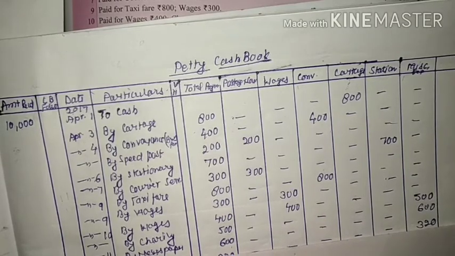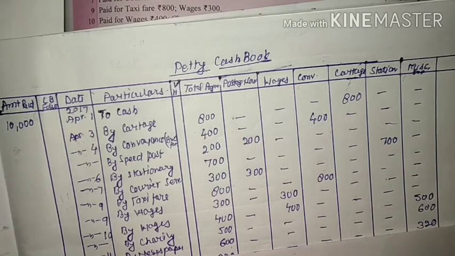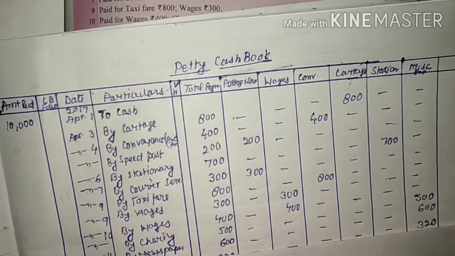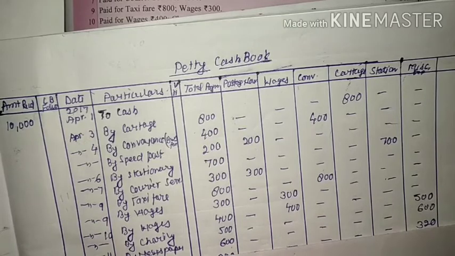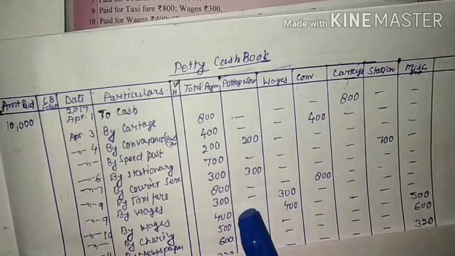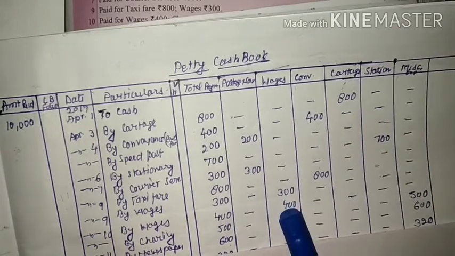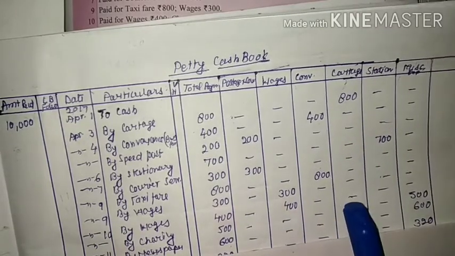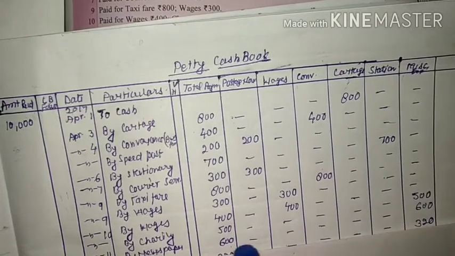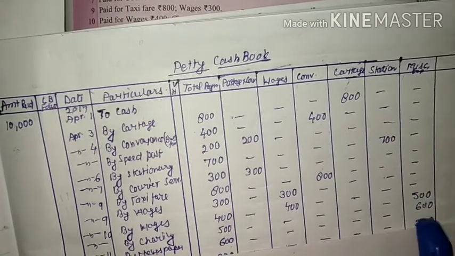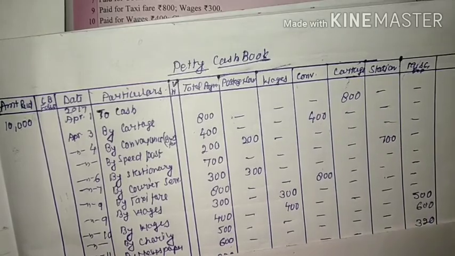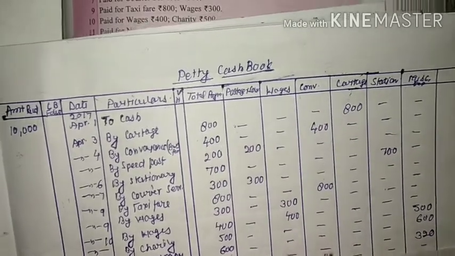In some organizations a separate column is created, like newspapers and periodicals, but it is not here, so no problem. Newspaper cannot be put in postage and courier, and not in wages. It is not conveyance, not cartage, not stationery, so it will be put in miscellaneous expenses.